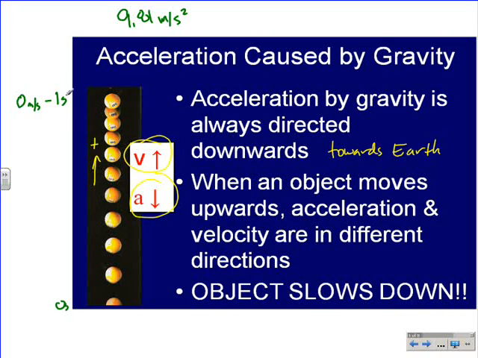If 1 second has elapsed since this first picture down here, and gravity is causing an acceleration of 9.81 meters per second squared, that means the velocity has to change by 9.81 meters per second for every second that goes by. And that means that down here, this object must have been traveling at 9.81 meters per second when this first picture was taken.